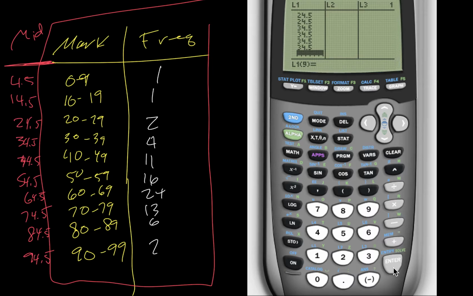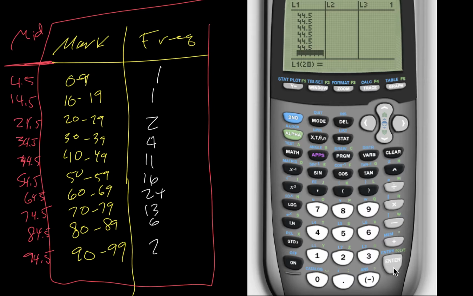And now we're doing 44.5 11 times. 1, 2, 3, 4, 5, 6, 7, 8, 9, 10, 11.